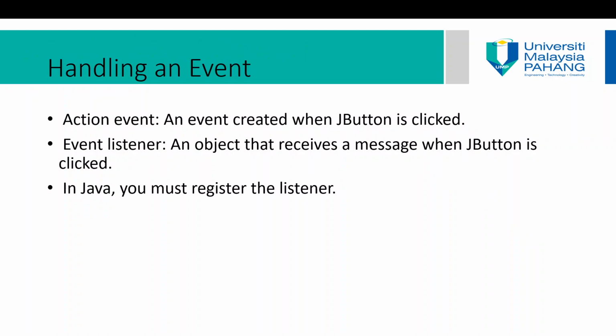So how to handle an event? We need to have an action event listener. So what is the event listener? It's an object that receives a message when the button is clicked. It's actually an object that accepts the message from a button.